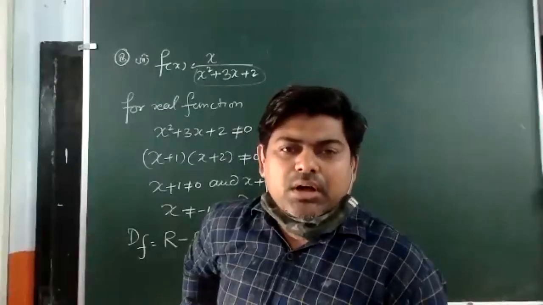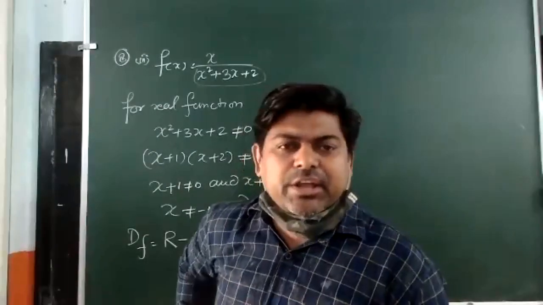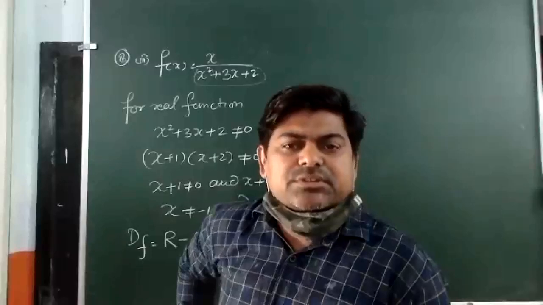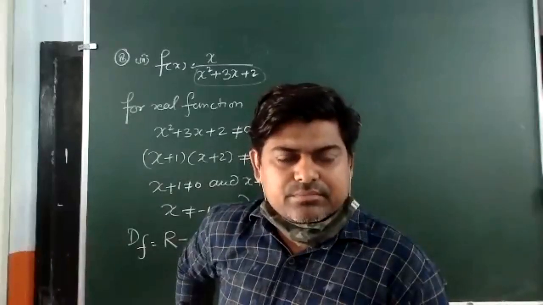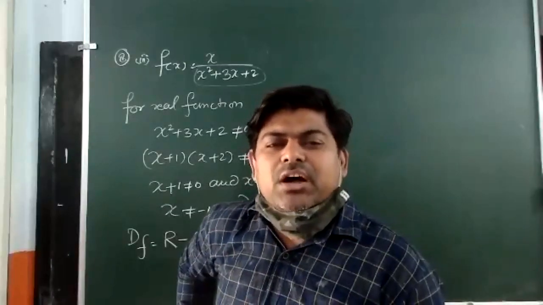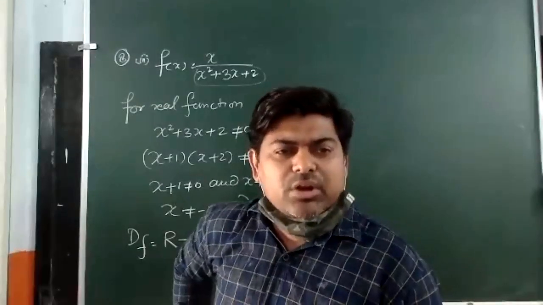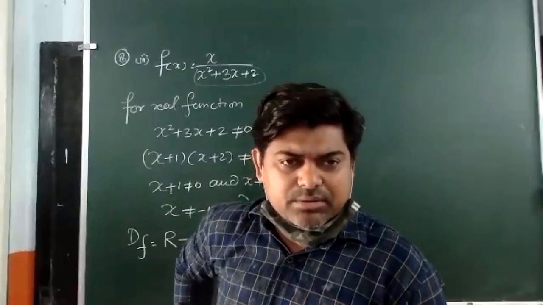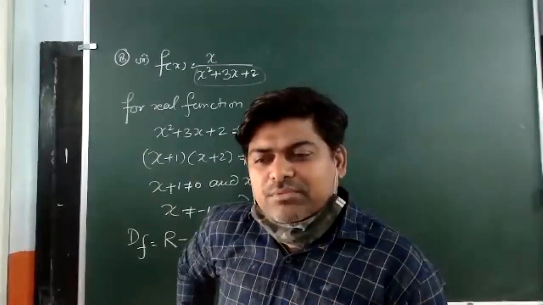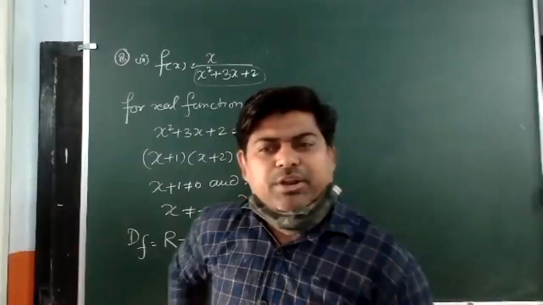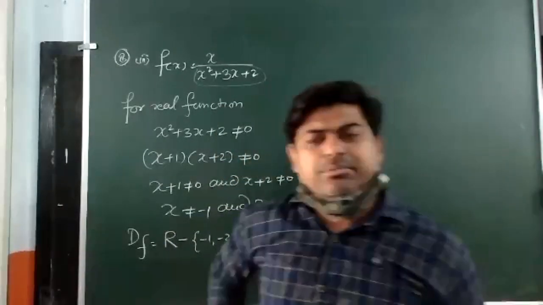No. Actually, if the denominator is negative, even then that function will be defined. These things will come when we have a square root, because in a square root only positive numbers can come, negative can't come. So if you are having any such doubt, you may raise your hand, then I'll explain a little bit more.